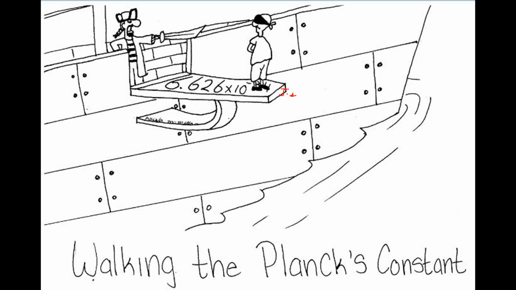And my high school was called the Pirates, so this is an added cool thing. And so that person's walking the Planck's constant, and you see it's h like this. Some people talk about h bar, which I think is h divided by 2 pi, but that joke wouldn't work as well. So I didn't pirate this one off anyone. I came up with it myself.